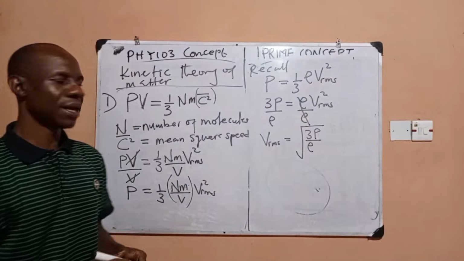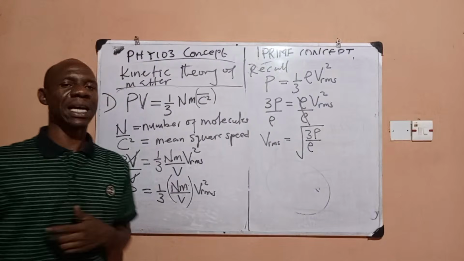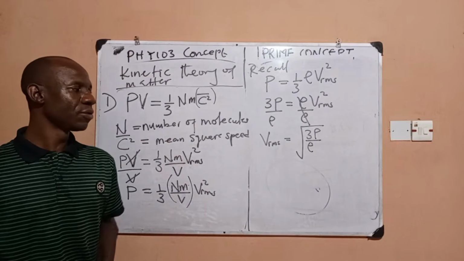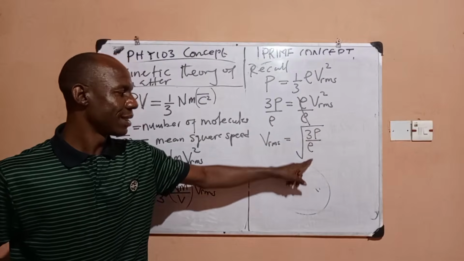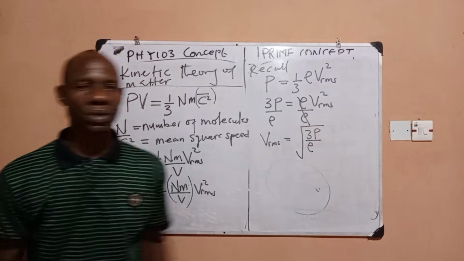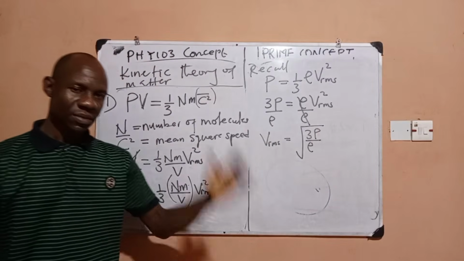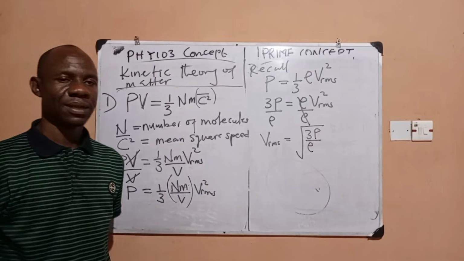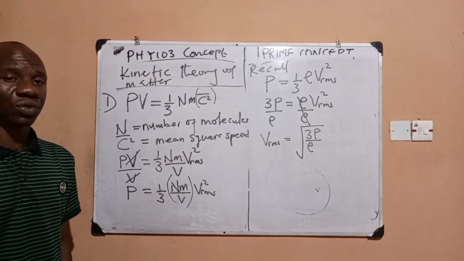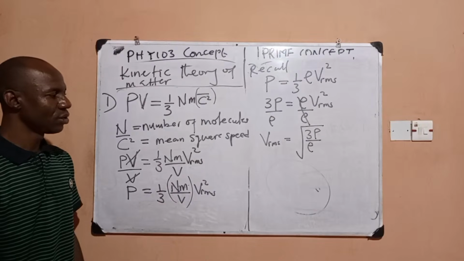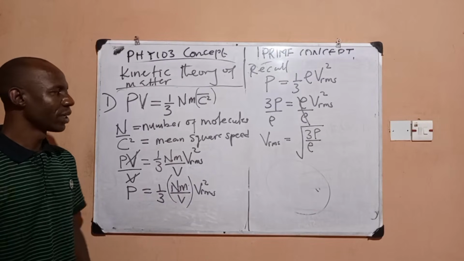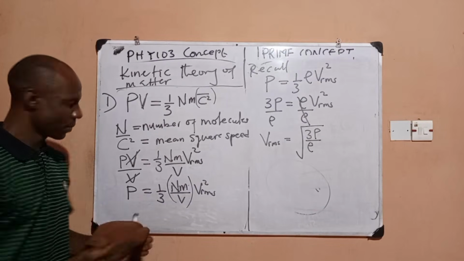So this is what I'll have. So if they want you to calculate RMS speed and you are given pressure and density, then this is the formula you can use. I hope you're still following me. This is the formula you can use.